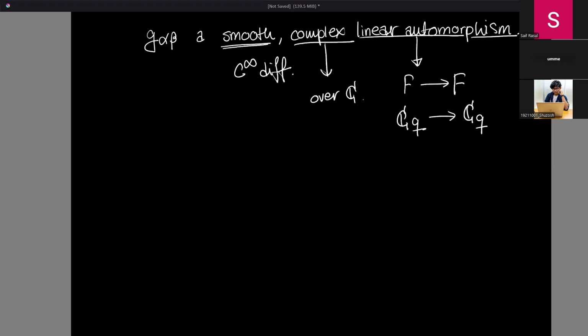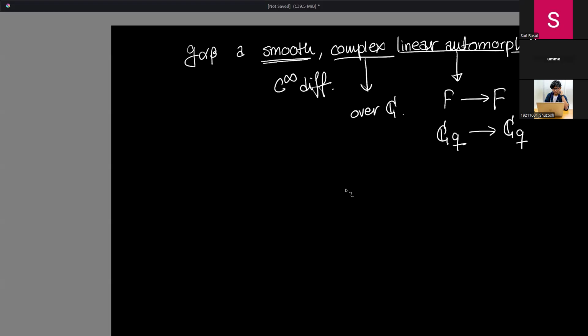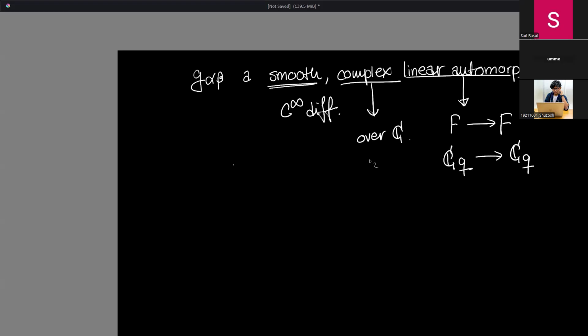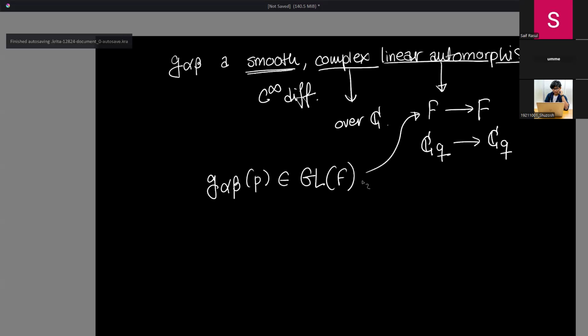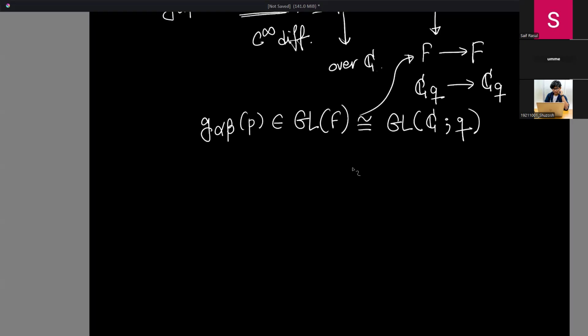And so this also means that g alpha beta of P is an element of GL of F. That's what it means to be the linear automorphisms of F, which is isomorphic to GL, as I said, GL C^q. No, I called it GL C^q.